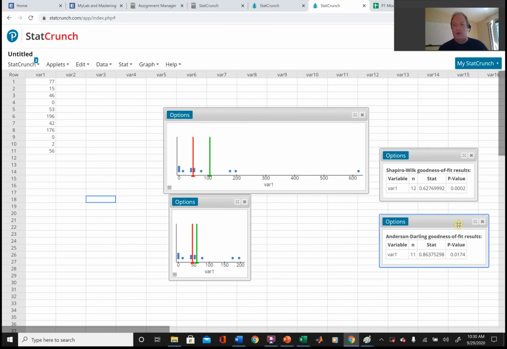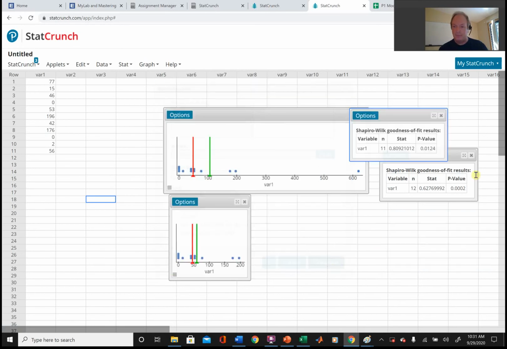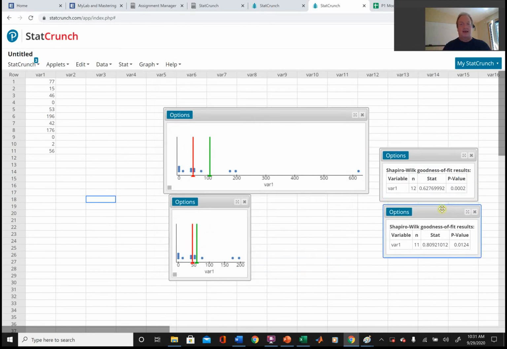Whereas Shapiro-Wilk is really just testing for the difference between symmetric mound-shaped and normal. It's not being that picky. It's interesting, in this one case, Anderson-Darling actually gave me a p-value that was higher. That's unusual. Okay. But we're not going to mess with that field. You don't have to change that.